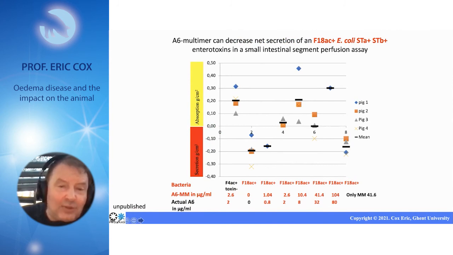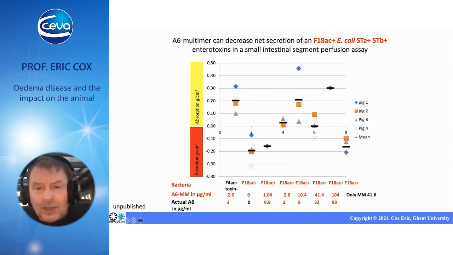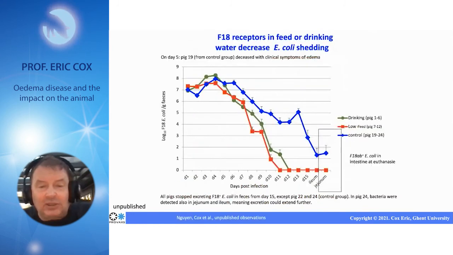So if you add now the sugar, then you can increase the concentration, and the more you increase the concentration, the lower the colonization is, and the lower the diarrhea is. And the optimal concentration in this experiment is a concentration of 8 microgram per milliliter of the blood group sugar. So we thought that with this concentration, we can go to experimental studies.